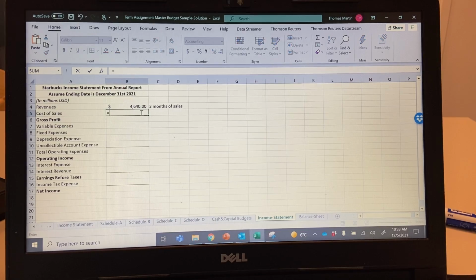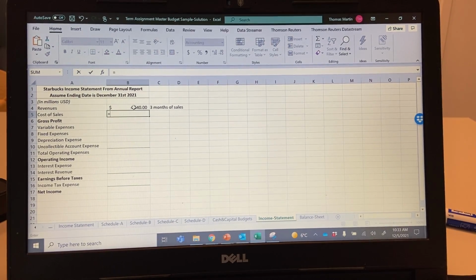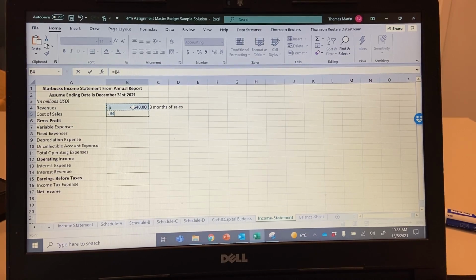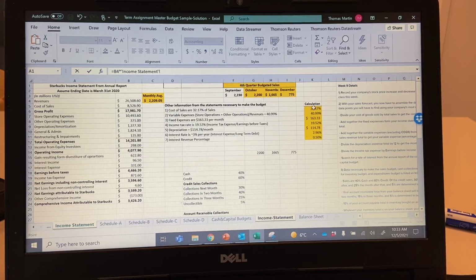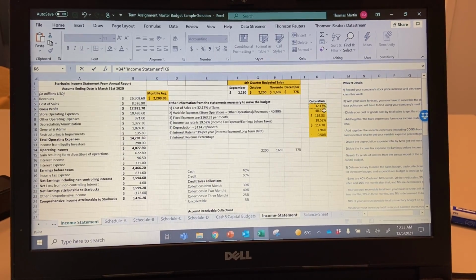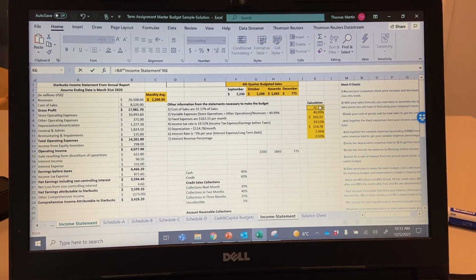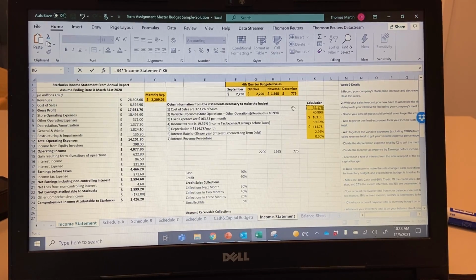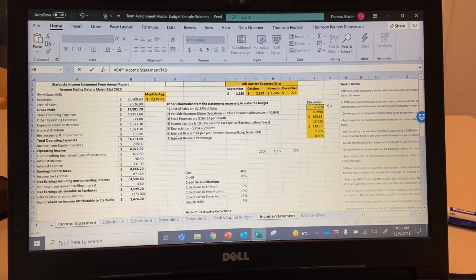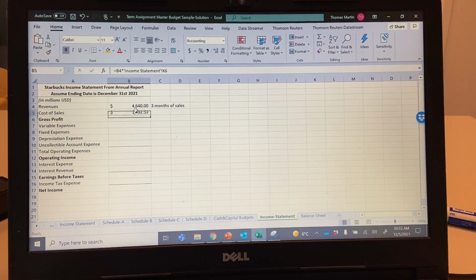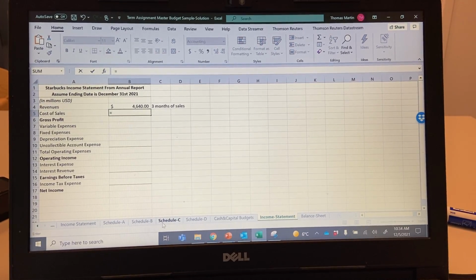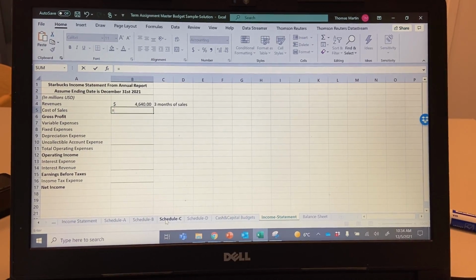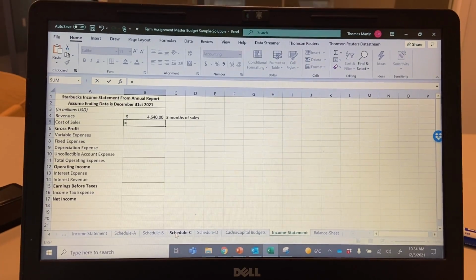Cost of goods sold, there are a few ways you can get this number as well. We can take this revenue number for the 3 months and multiply it by our cost of sales percentage, which is back in your sheet with your percentages and your budget information. That would give us the cost of sales. A second way is to go to your Schedule C, where you calculated your inventory purchases.